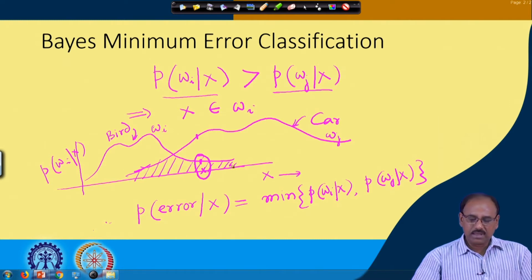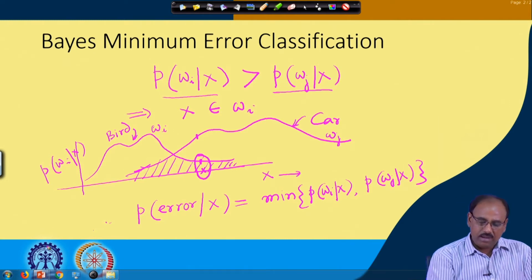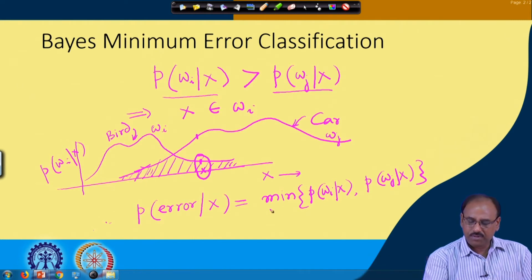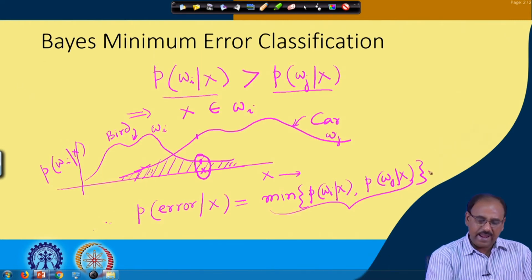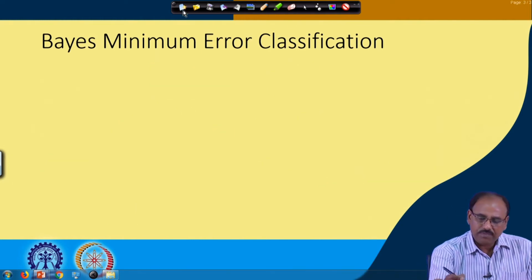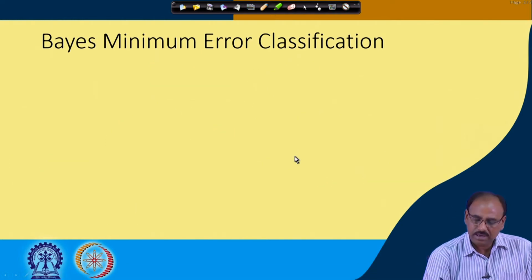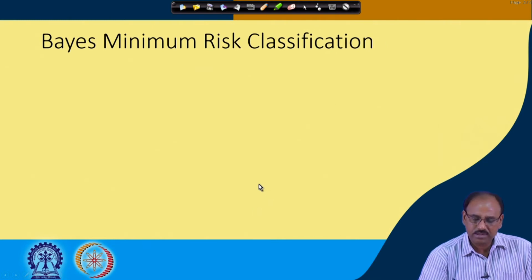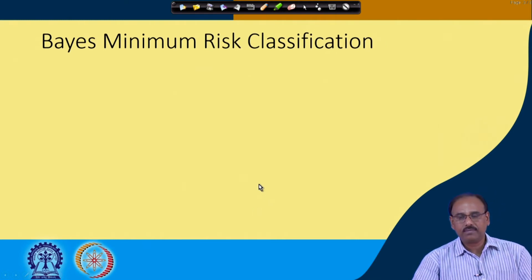So, if I integrate this area, the minimum of these two over x varying from minus infinity to infinity, then what I get is the total error of this classification rule, that is given by this minimum error classifier. Given this, now I go to the next type of classifier, which is the Bayes minimum risk classifier.